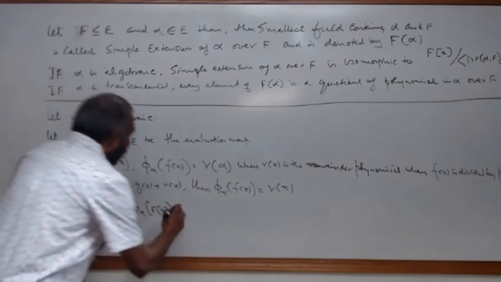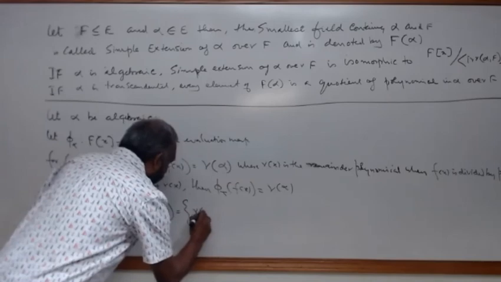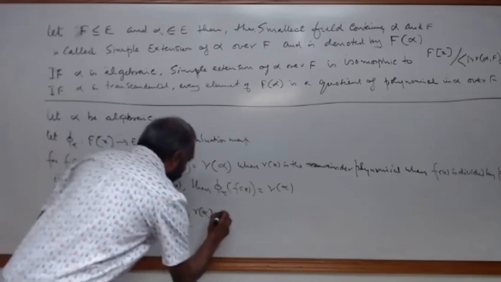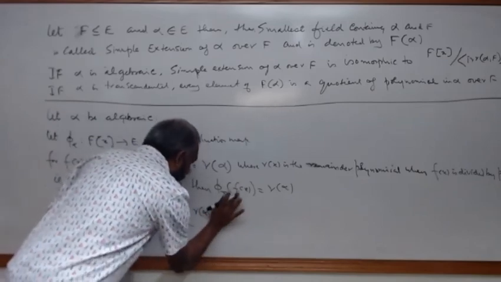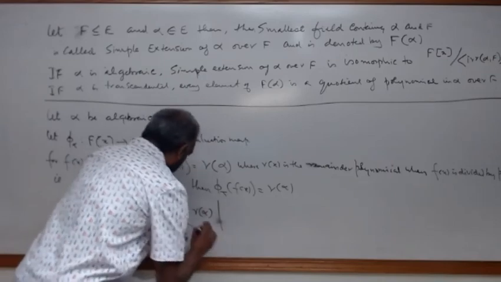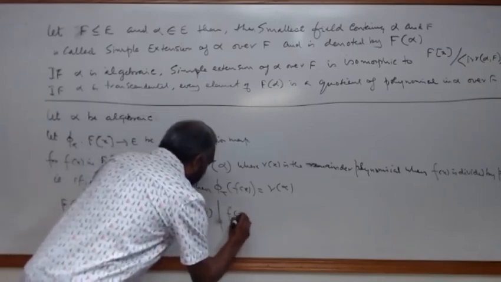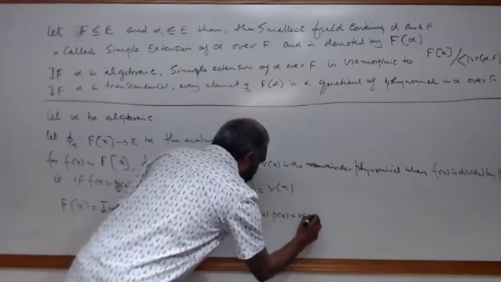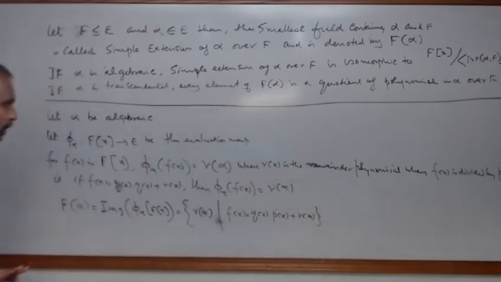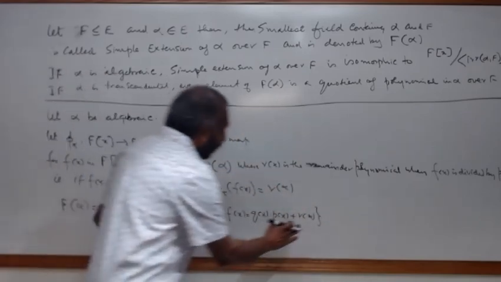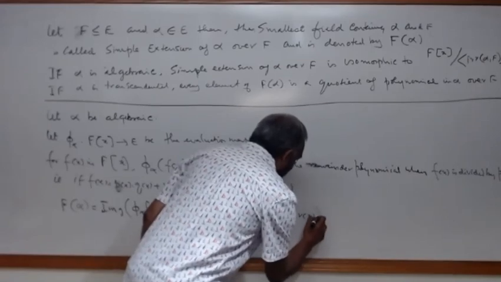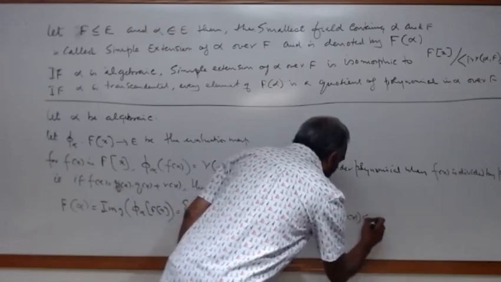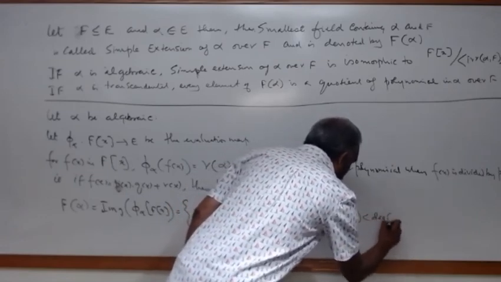And what are they? They are r(alpha), such that f(x) is equal to q(x) times p(x) plus r(x). And what is the other condition here? Degree of r(x) is strictly less than degree of p(x).